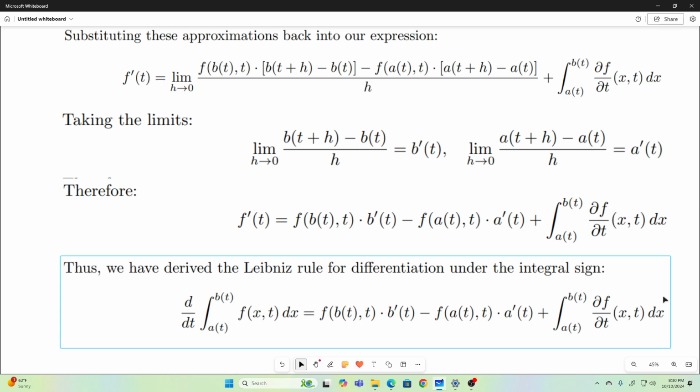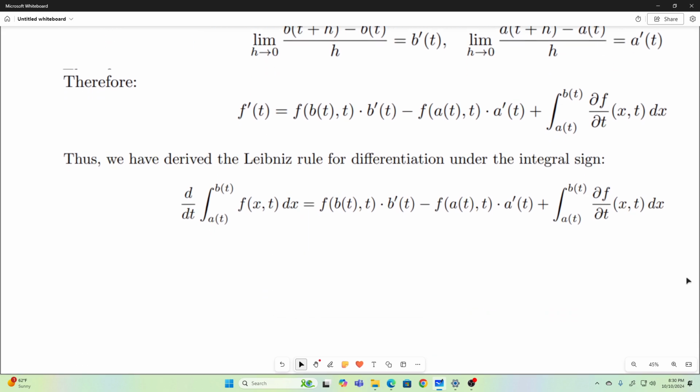But we're going to derive them using nothing but this rule. And really quickly, I want to note that we will not be using this full Leibniz rule for differentiation under the integral sign. We're going to be using a version of it where the bounds of integration are constant. Now think about what that means. If the bounds of integration are constant, what is b prime of t going to be equal to?